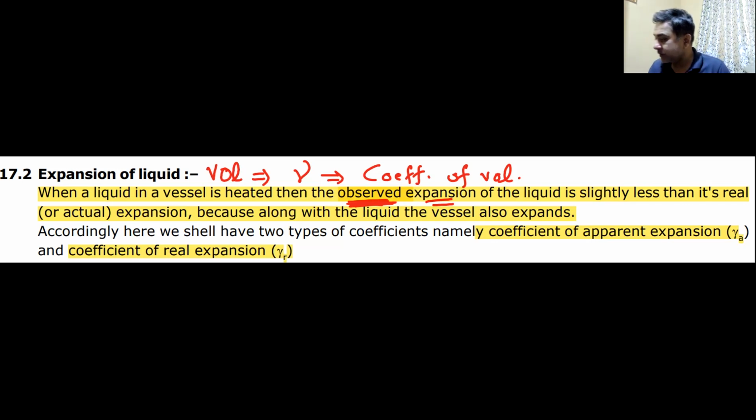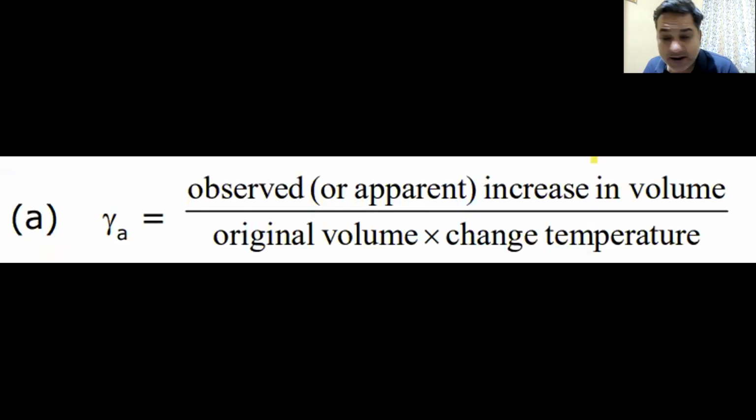Well done. Now comes the formula for apparent expansion, and as you can guess, the formula is no different. The formula is exactly similar. The only difference being, instead of the term real expansion, we are using the term apparent or the observed expansion.